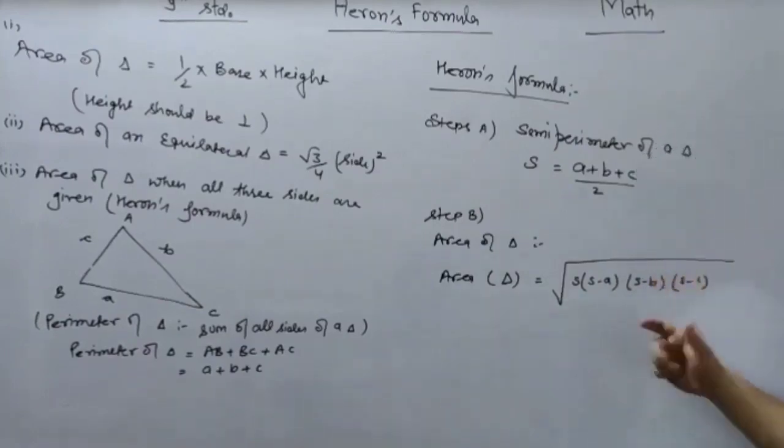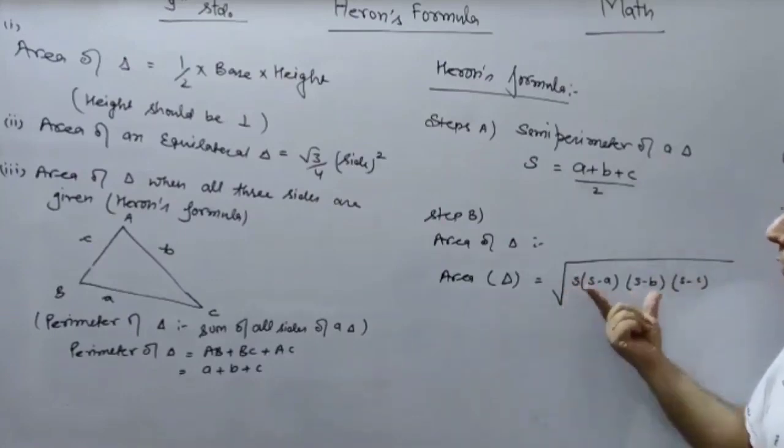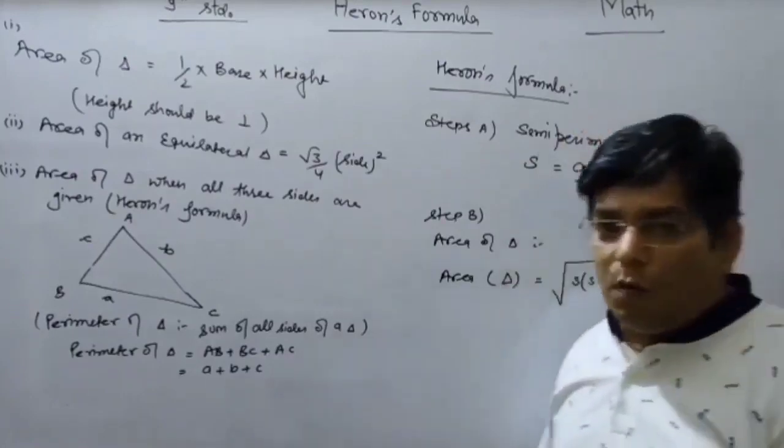In that formula we get the area of a triangle by using Heron's formula.